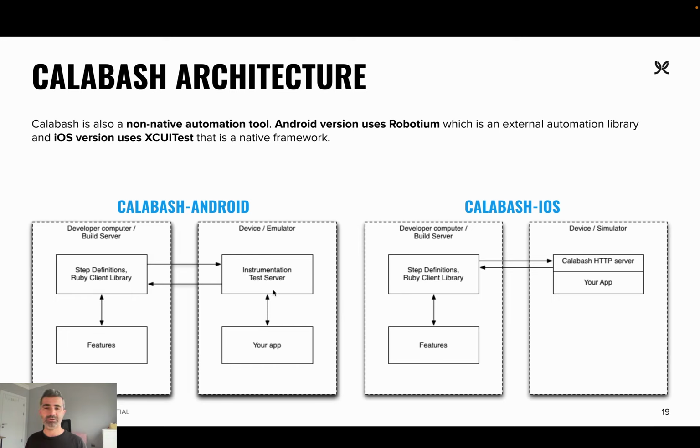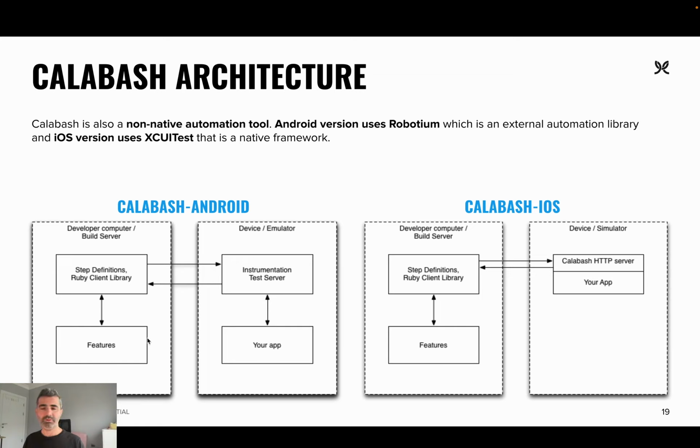It is called the instrumentation server this time, and the instrumentation server translates your command into the app. Calabash also uses Robotium for Android and XCUITest native libraries for iOS.